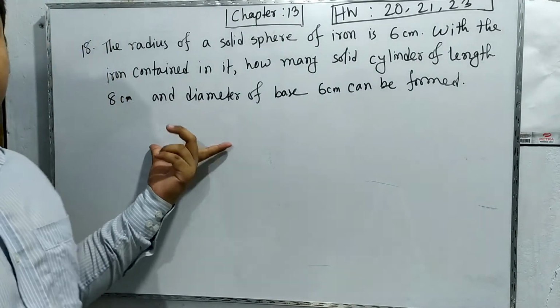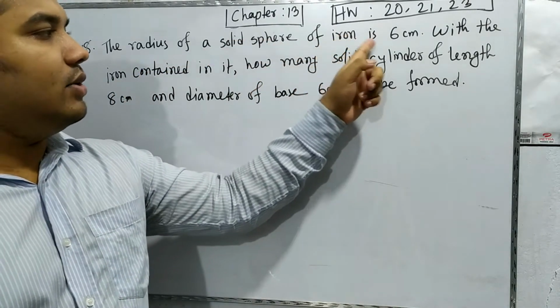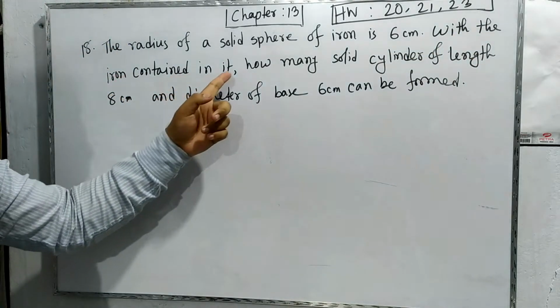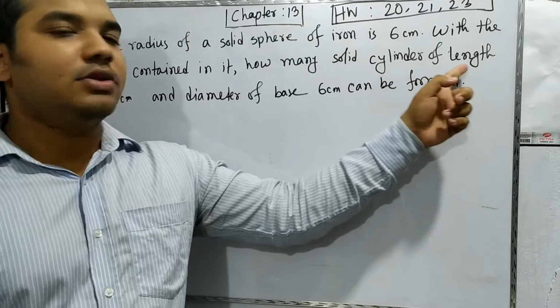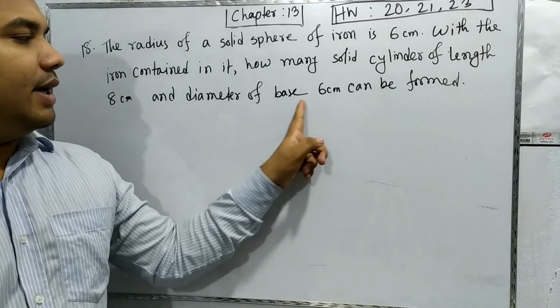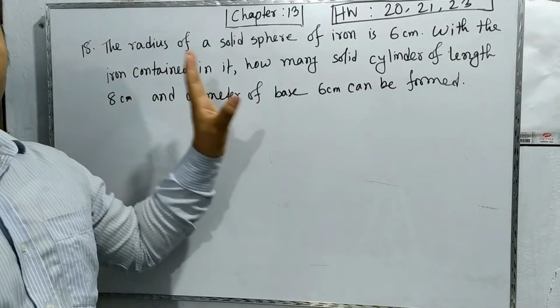Okay, so our third math is: the radius of a solid sphere of iron is 6 centimeter. With the iron contained in it, how many solid cylinders of length 8 centimeter and diameter of base 6 centimeter can be formed? So what are we talking about in this question?